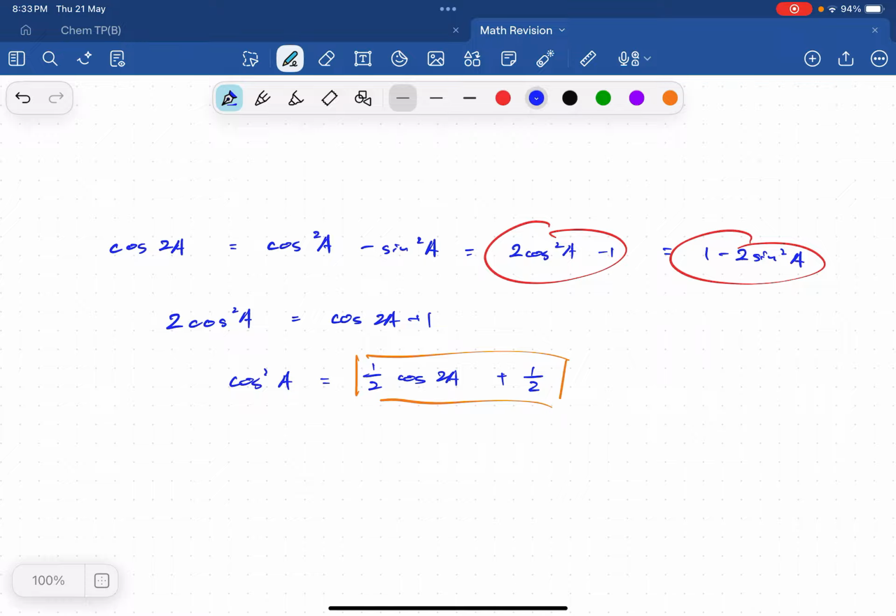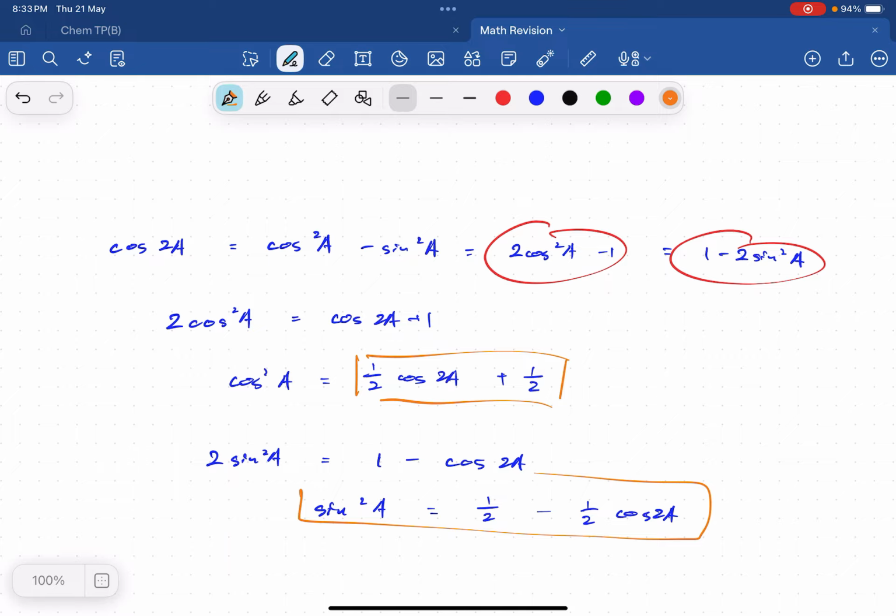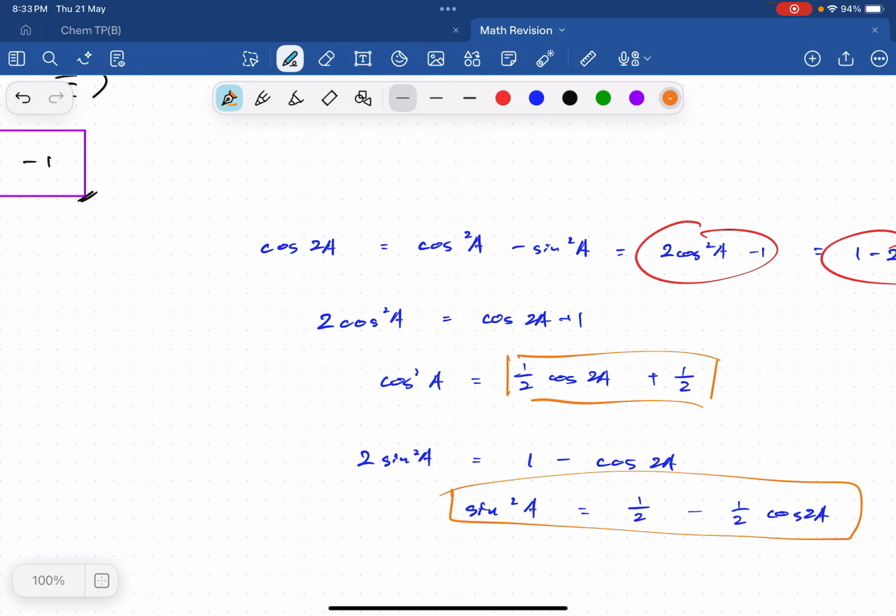So for sine squared A, 2 sine squared A is just going to be 1 minus, is minus, right? Yeah, minus cos 2A. Therefore, sine squared A is going to be half minus half cos 2A. Once again, this is perfectly integratable to you, right? You know how to integrate this, right? Fantastic.